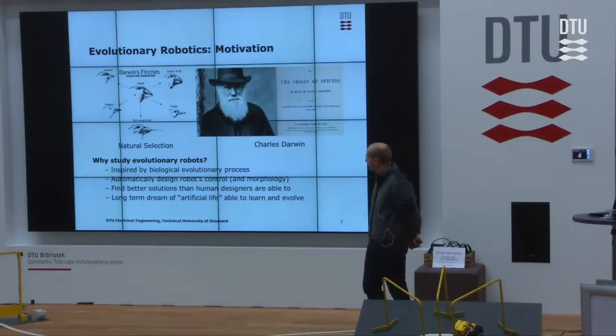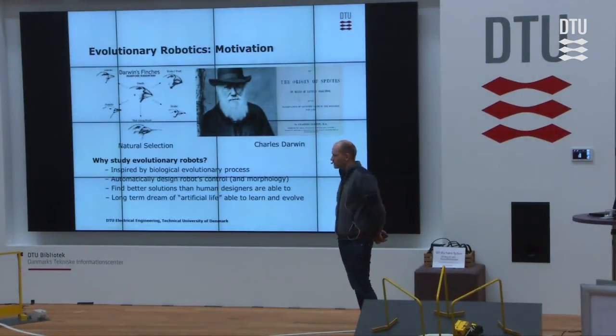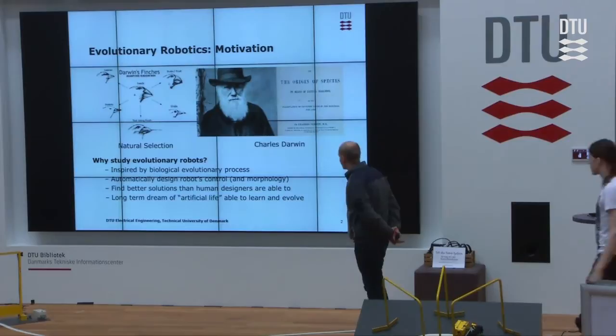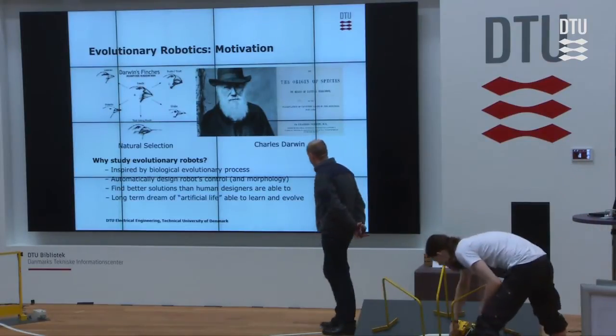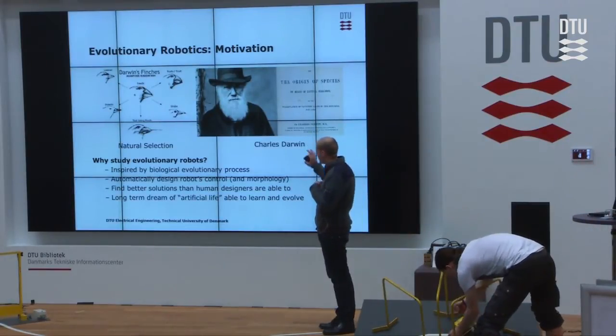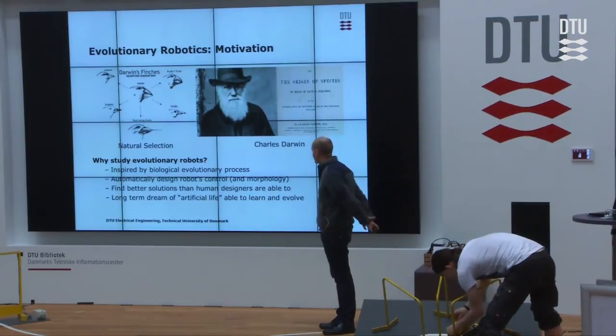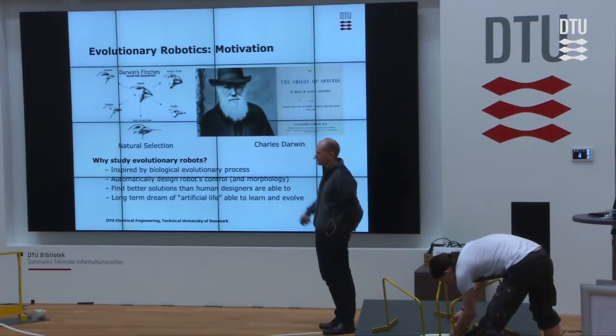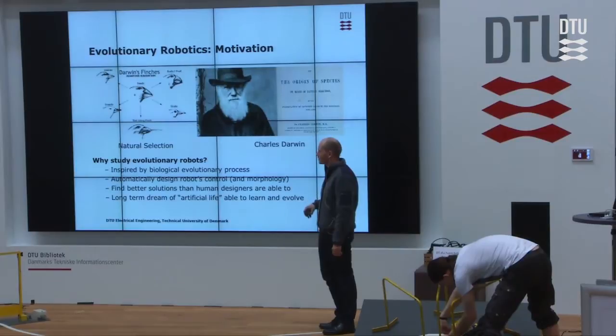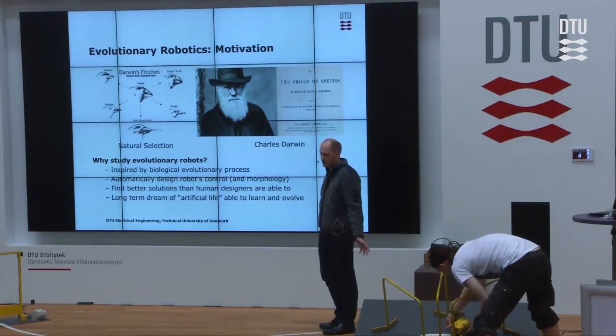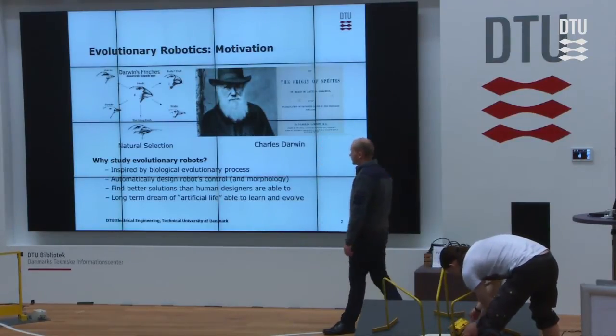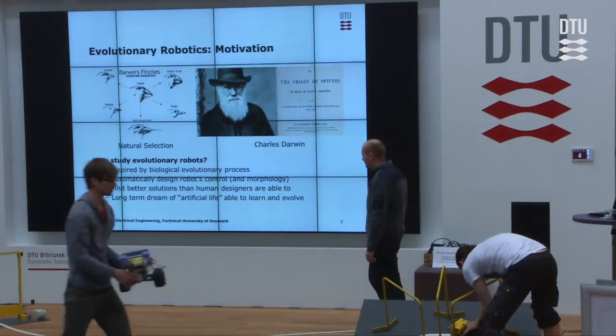As you may know, natural evolution goes back to Charles Darwin, right, with natural selection and so forth. And these are some of the principles that are being transferred and applied in the evolutionary robotics research field.